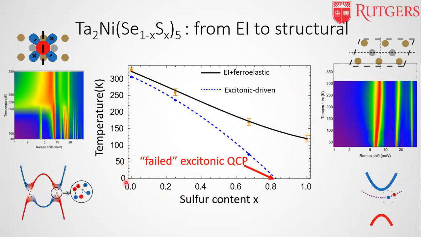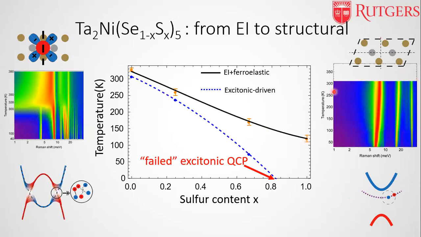Starting with the selenium compound, where the transition can be very well described as being driven by the excitons and boosted by essentially inert lattice modes, we found that this scenario predicts that the critical temperature of the transition should go to 0. But at the same time, we observed that the transition is still occurring even for the highest sulfur concentrations.